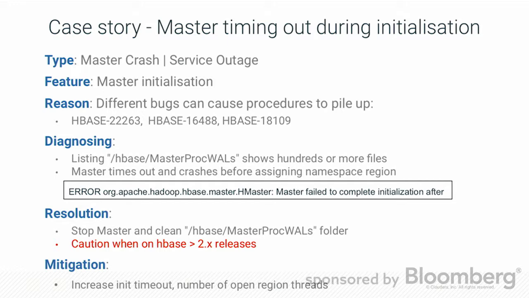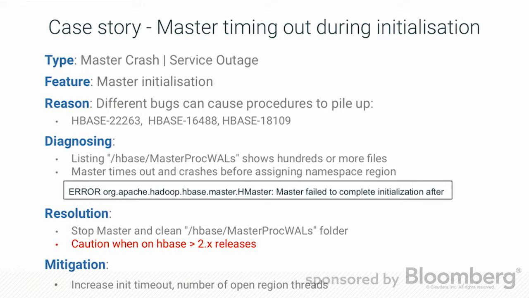In this specific scenario, there are so many of these procedures to be replayed and resumed while restarting that master just gets into an initialization timeout before it can complete.